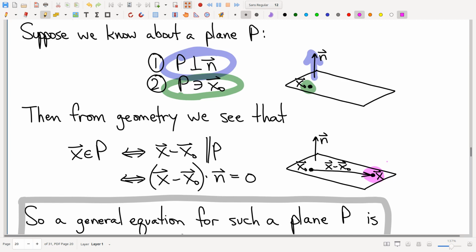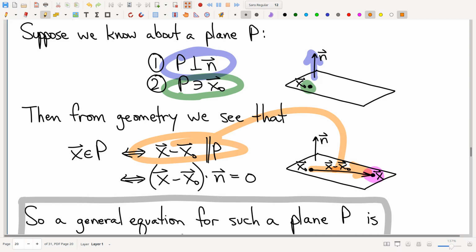And the clever move is to say, well, let's look at this difference vector. That difference vector has its tail at x naught, which is on the plane, and it has its head at x, which, if that's on the plane too, then that difference vector would have to be parallel to the plane.